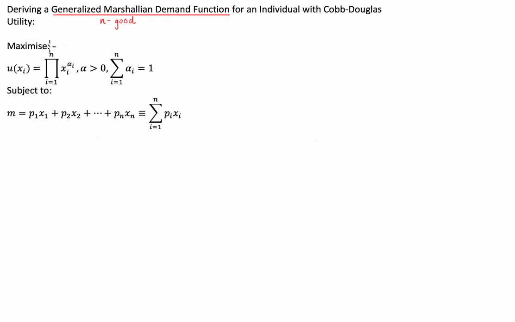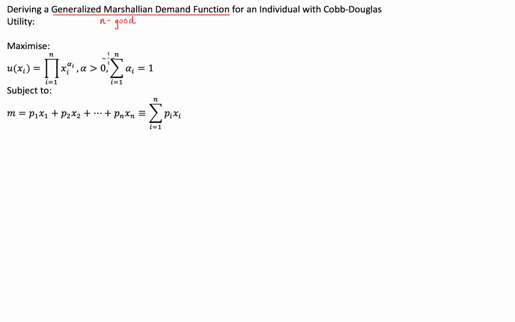Basically, we're asked to maximize this generalized utility function, where utility is the product of a particular number of goods, each raised to the power of some kind of elasticity parameter. The constraints also say the elasticity parameter alpha is greater than 0, and we have to have constant returns to scale, i.e. all of the elasticity parameters must sum to equal 1.